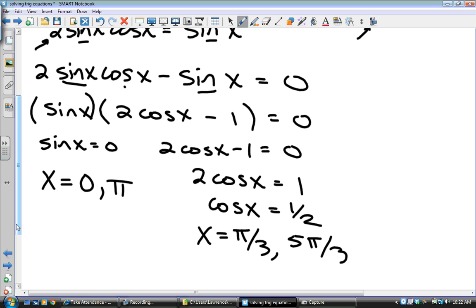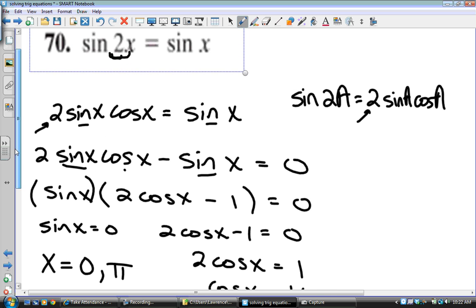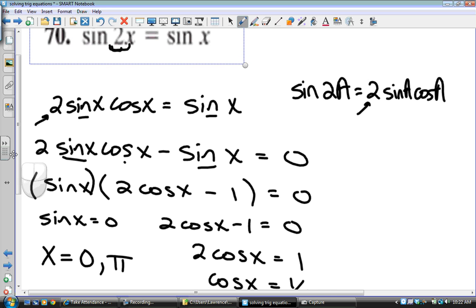And I'll give it to you, that's a very complicated problem, and it's going to be hard to really remember. Not necessarily to use the double angle, I don't really think that's the hard part. The hard part is going to be, remember, once you use the double angle, what do you do? You've got to bring it over, set it equal to 0 and factor.